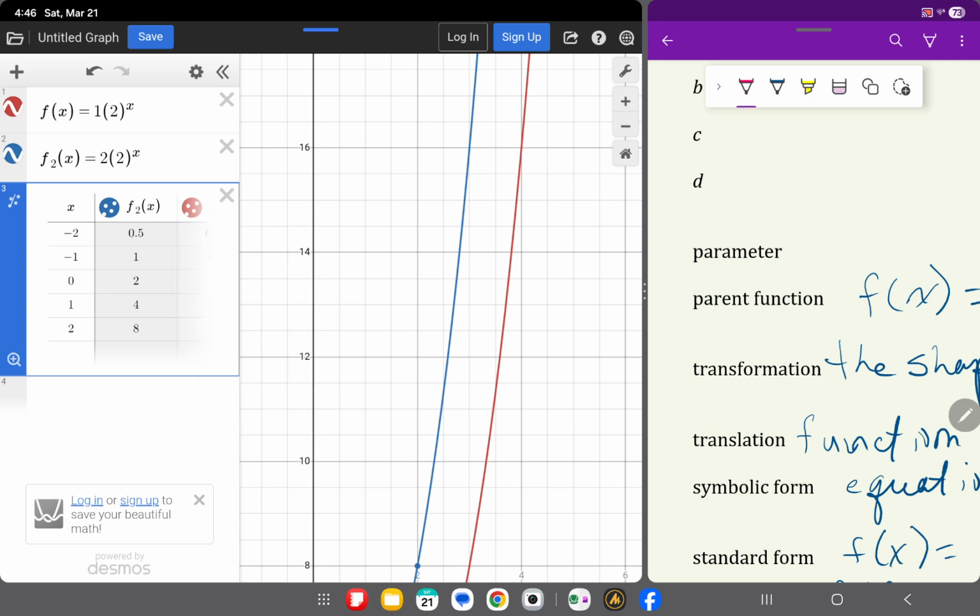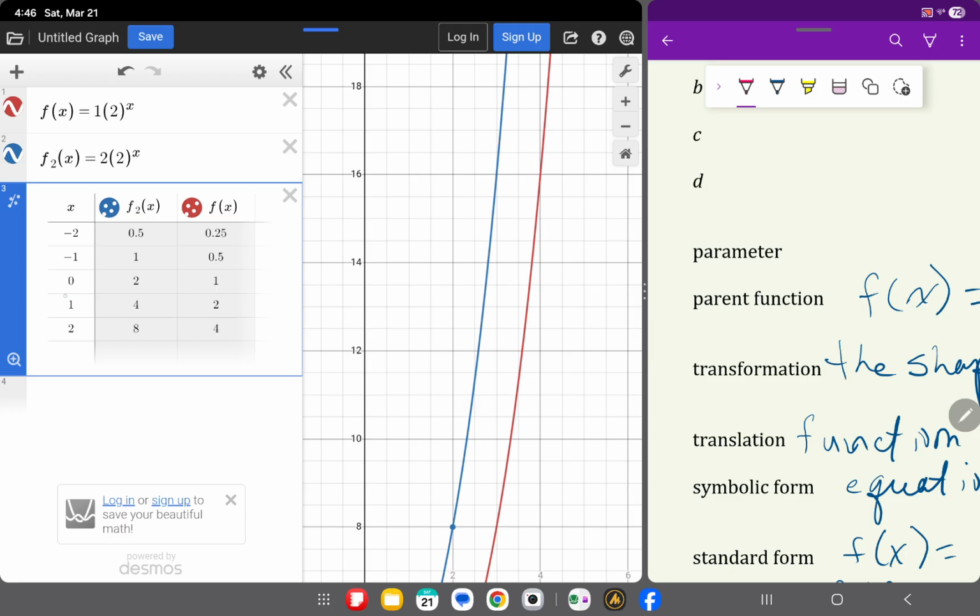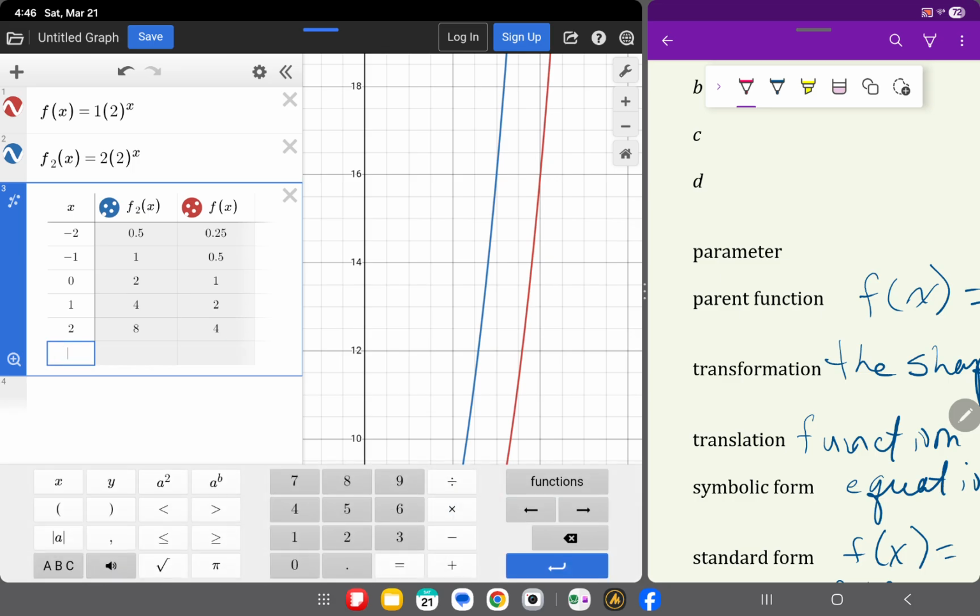Okay, so my original one, when I put in 0, I got out 1, but this time when I put in 0, I get out 2. In my original one, I put in 1, I got out 2. This time I got out 4. Last time I put in 2, I got out 4, this time I got 8. See what happens when we put in 3, then 4, and then 5.